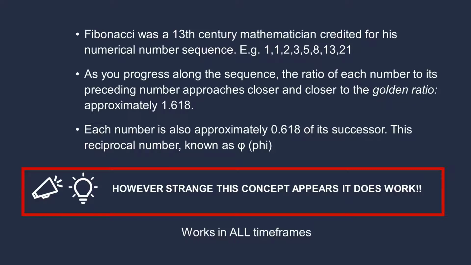And as you progress along that sequence, the ratio of each number to its preceding number approaches closer and closer to the golden ratio, which is approximately 1.618, and each number is approximately 0.618 of its successor. All highbrow, but all we need to know is that this strange concept does work in technical analysis and on Kagi charts, and it works in all time frames.